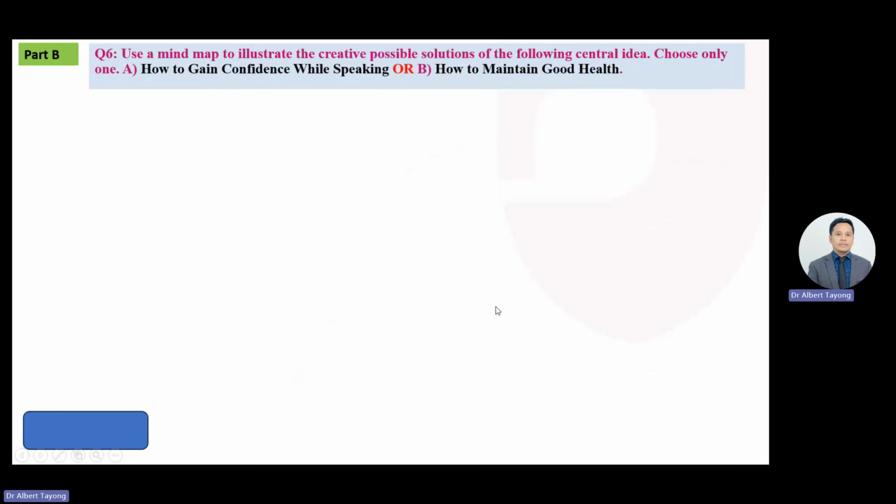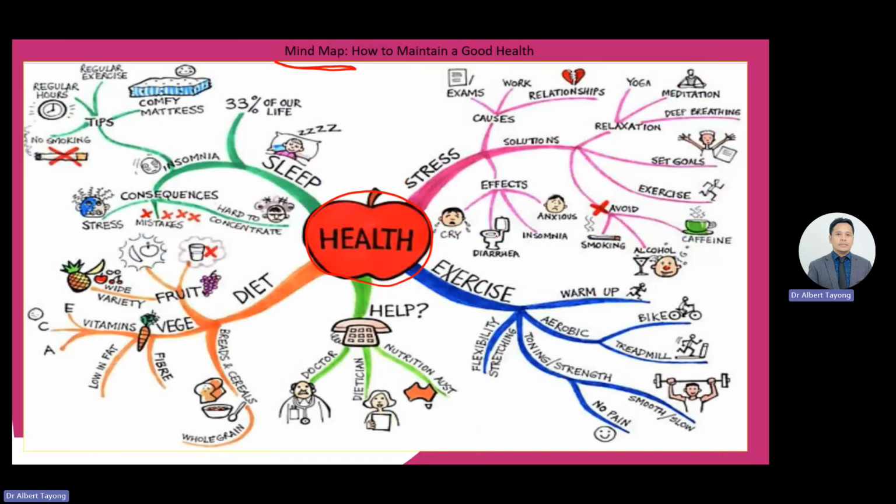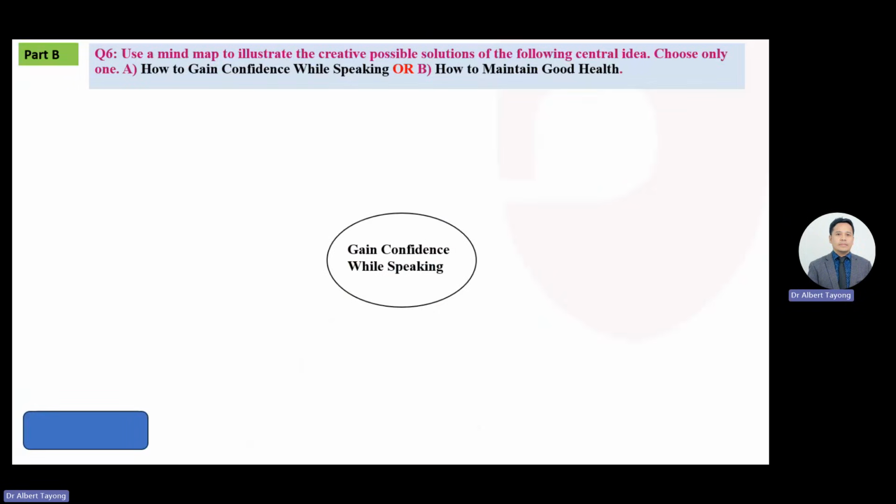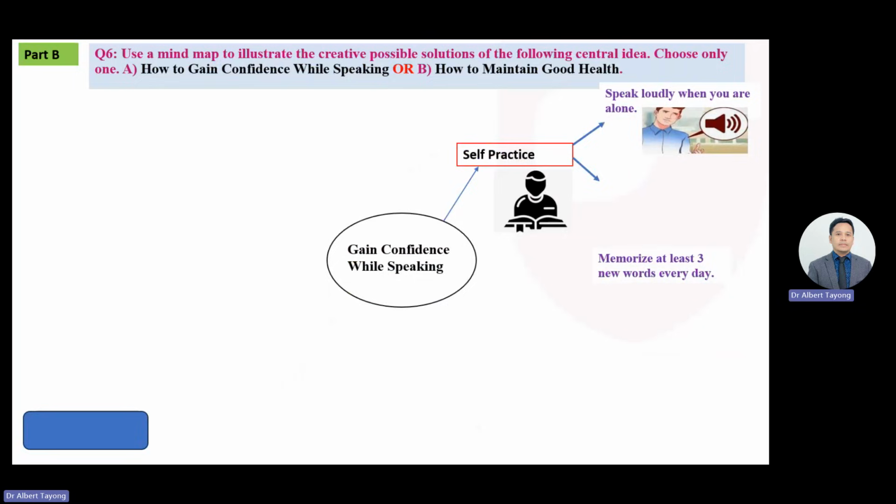The first one here is using a pen and paper or using some coloring materials there. The best way to start with this particular topic, mind mapping, is to start with a pen and a paper. Then you can use some apps, some tools, a Word file maybe, or a mind view.